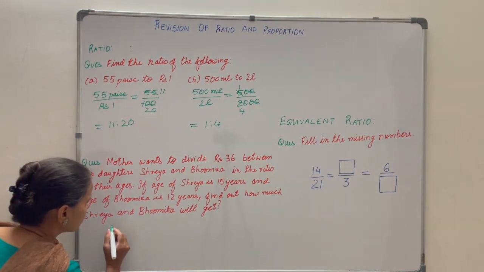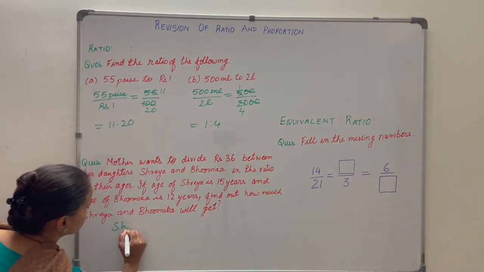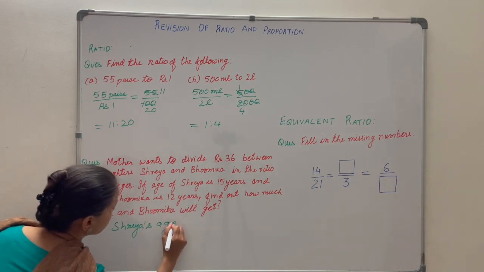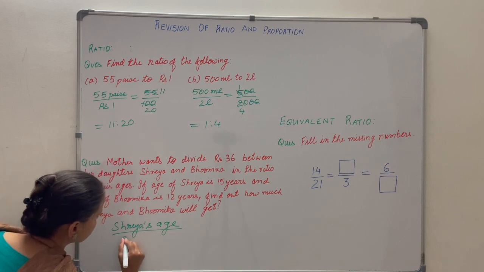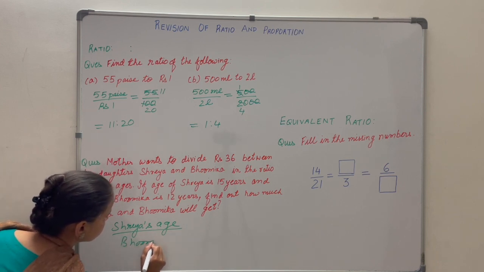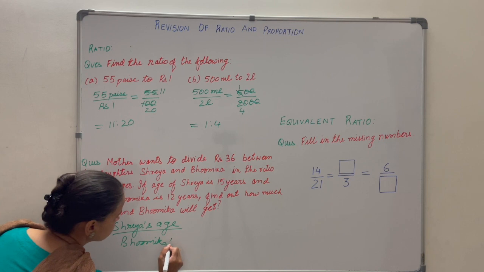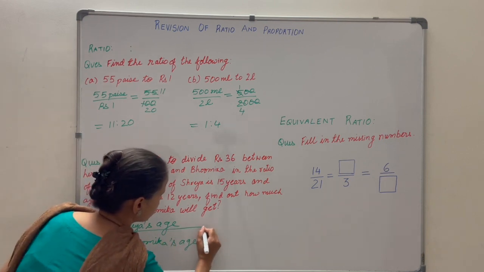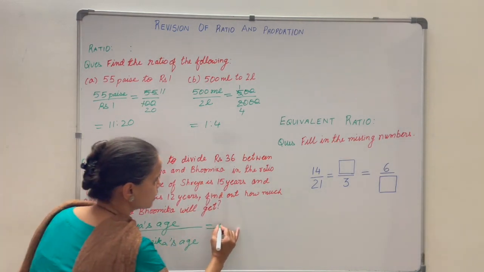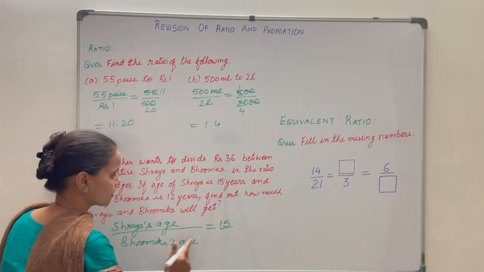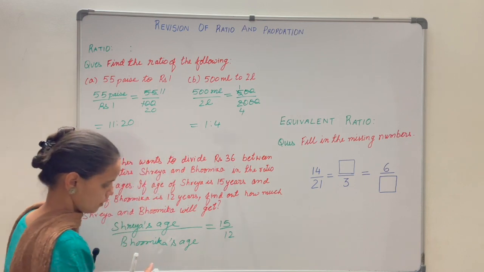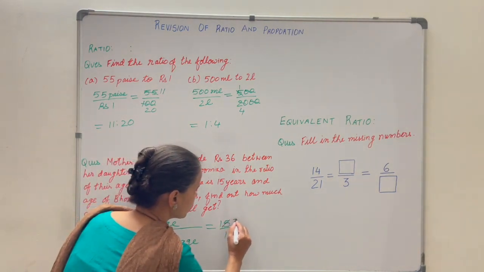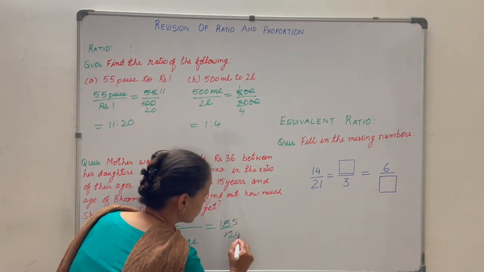So Shreya's age by Bhumika's age. Shreya's age is 15 years and Bhumika's age is 12 years. So we can cancel both numerator and denominator by 3. So you get 5 here and you get 4 here.